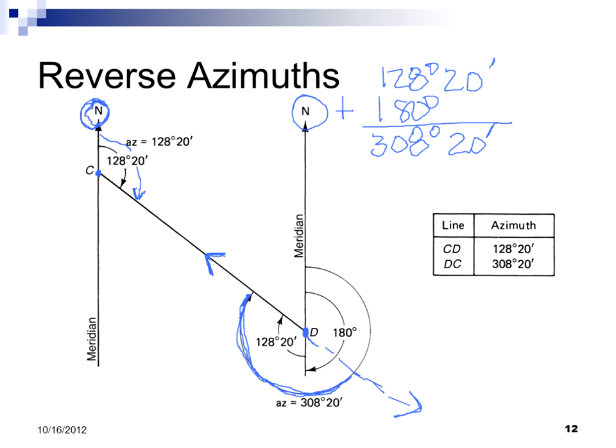So this line right here represents the reverse azimuth, and it is 308 degrees, 20 minutes.